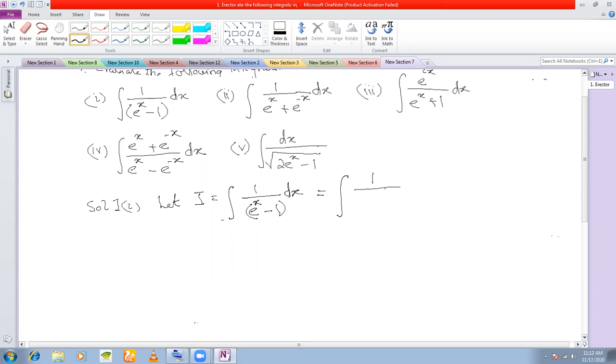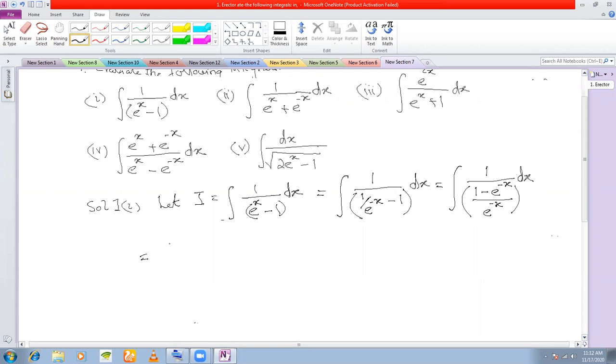What you do here is you write e to the power of x as 1 by e to the power of minus x, minus 1, dx. Now if you take the LCM, you get 1 minus e to the power of minus x by e to the power of minus x, dx.